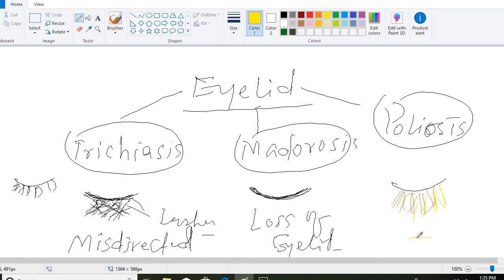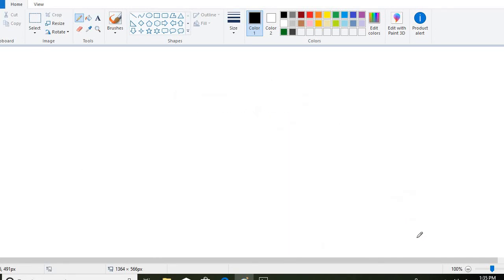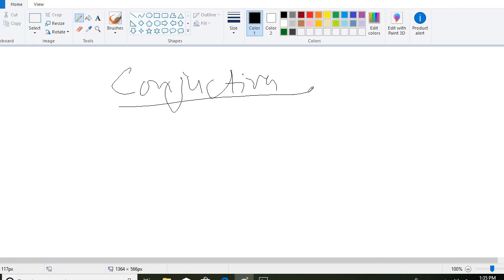So these are the eyelid complications of blepharitis. Now coming to the conjunctival complications. These include recurrent attacks of acute bacterial conjunctivitis.